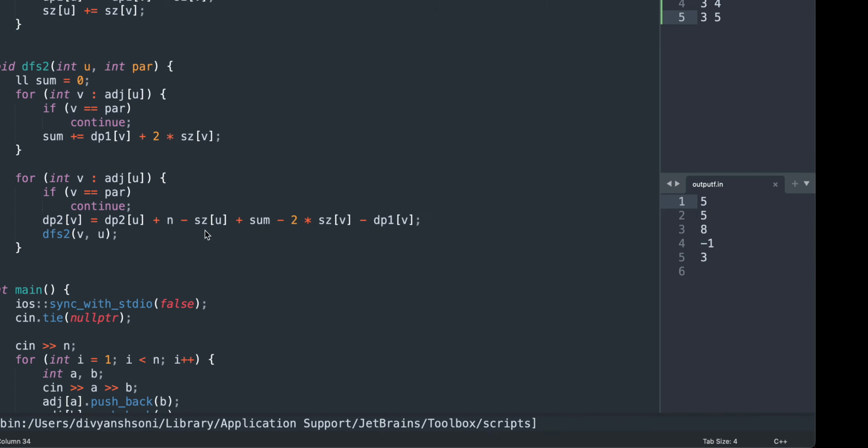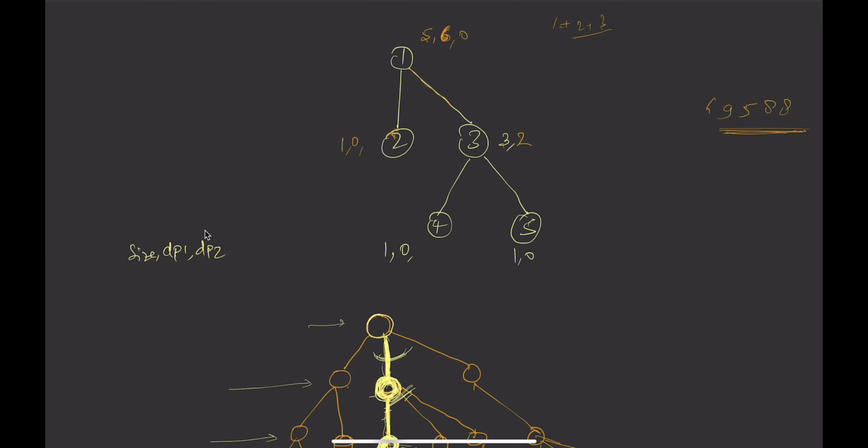For root, for this child, what will be the value if I cut this node? What will be the value? So 1. So 2, this child's value.